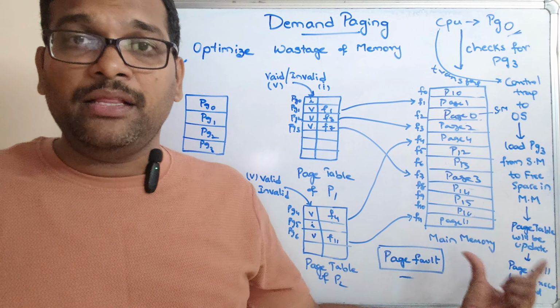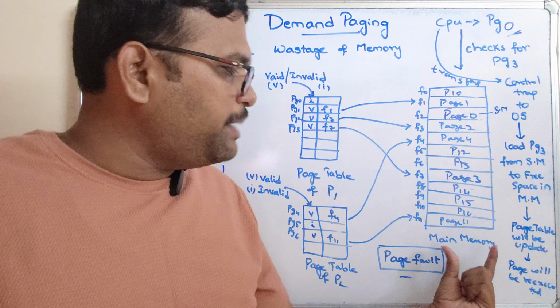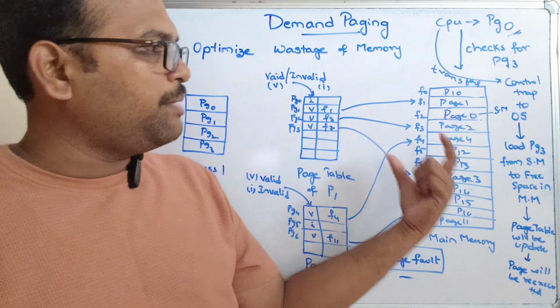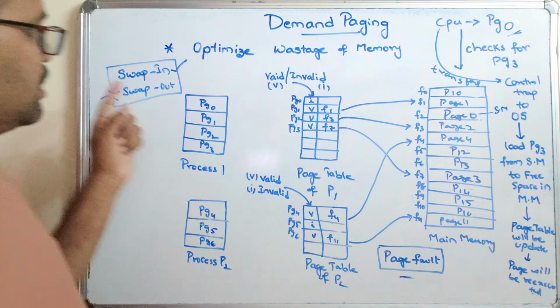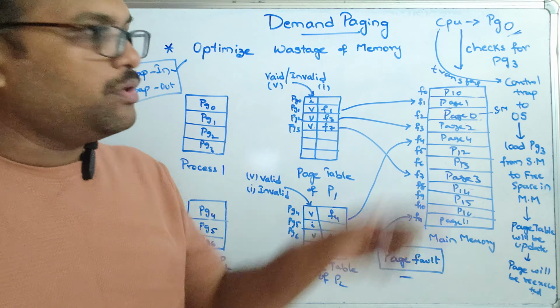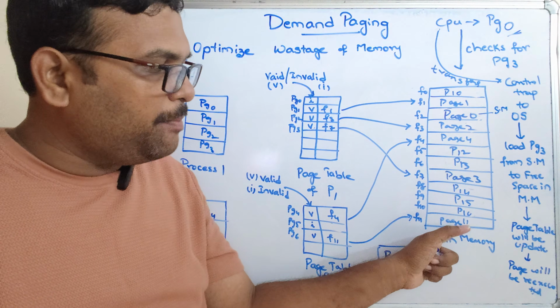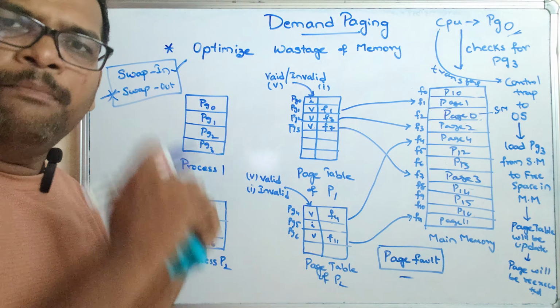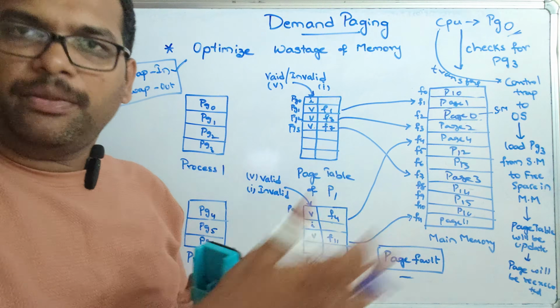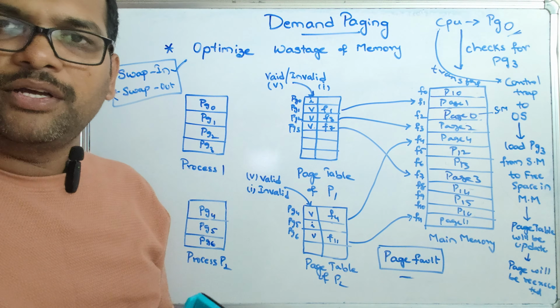There is no free space in the main memory to load the required page from secondary memory, so the swap in and swap out will be done.